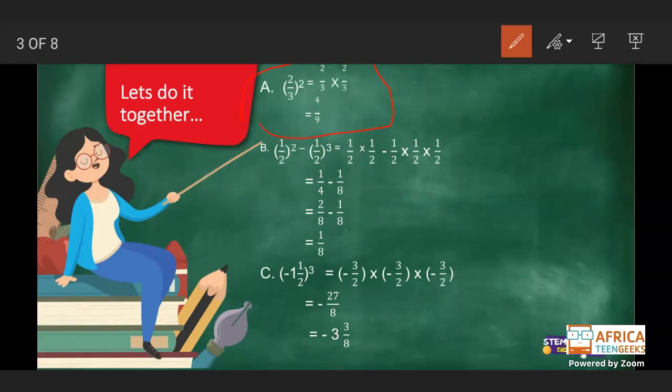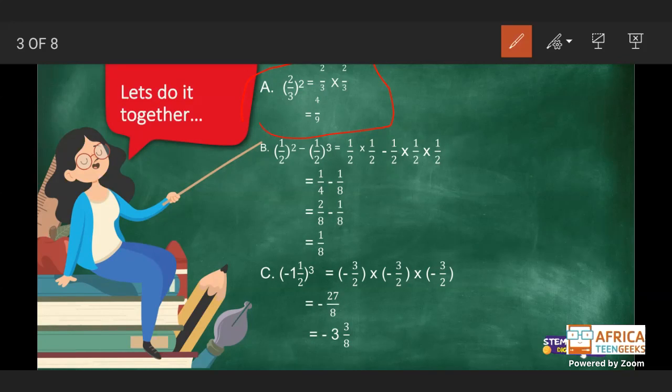That's basically when we break it down. That's basically inside our bracket. When we break it down, we'll have 2 over 3 multiplied by 2 over 3. And then we multiply the ordinary way. But first things first, you must simplify before you can continue with your multiplication.